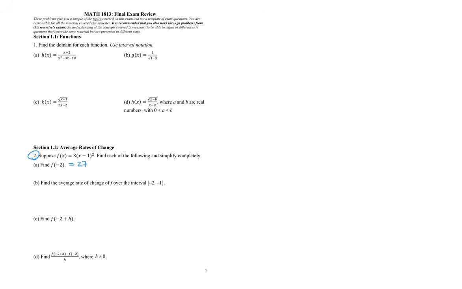Next, we're going to go ahead and compute f of -2 plus h. So for f of -2 plus h, we're just going to plug in -2 plus h wherever we see an x. So this will be 3 times -2 plus h minus 1 squared. Then this is going to be equal to 3 times -3 plus h squared.